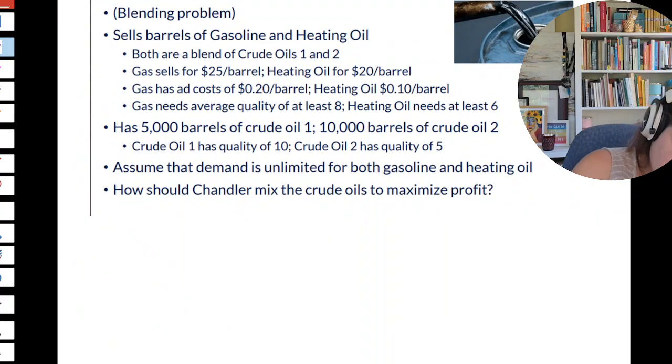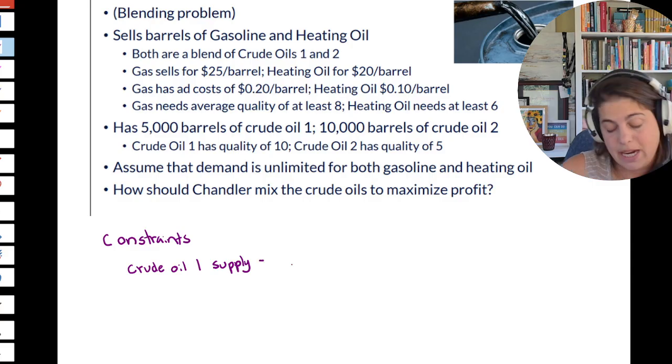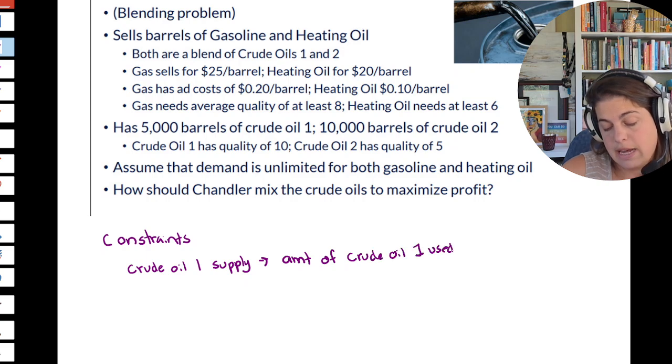So for constraints, I am going to do that crude oil 1 supply. And what I'm trying to say with this constraint is the amount of crude oil 1 used has to be less than or equal to the amount available.